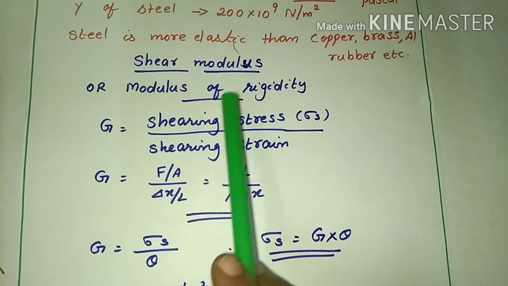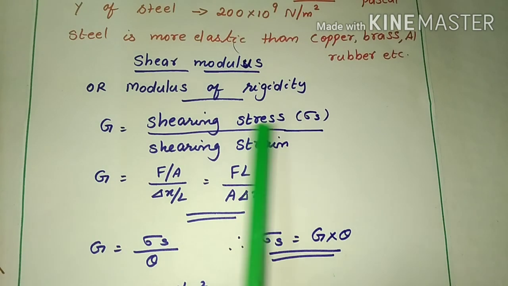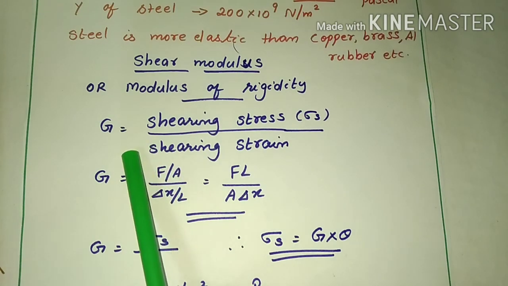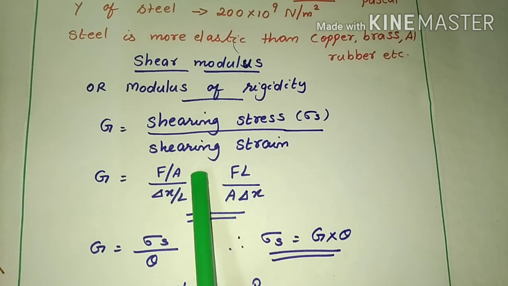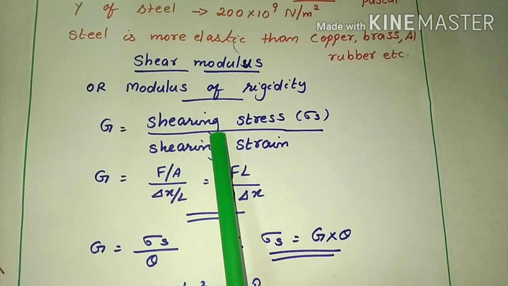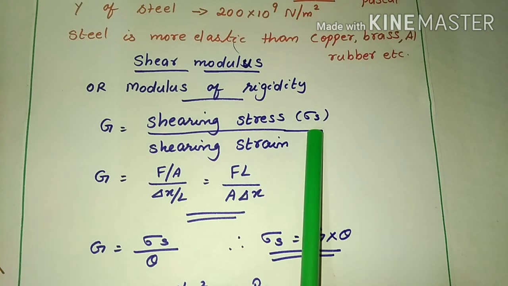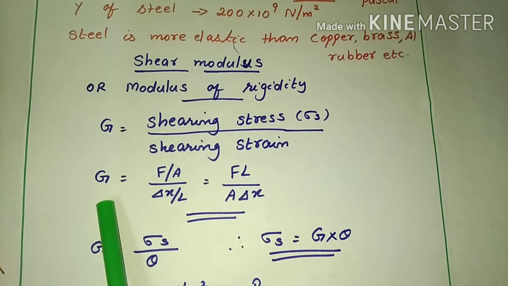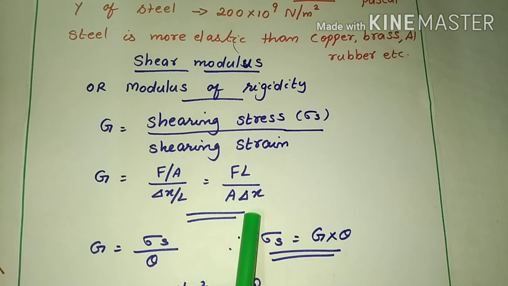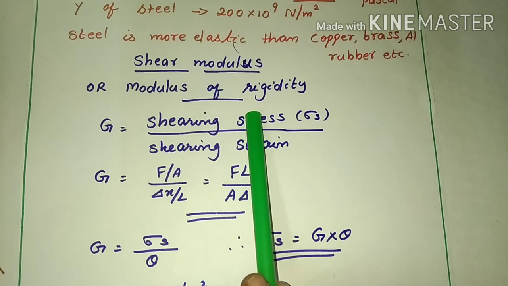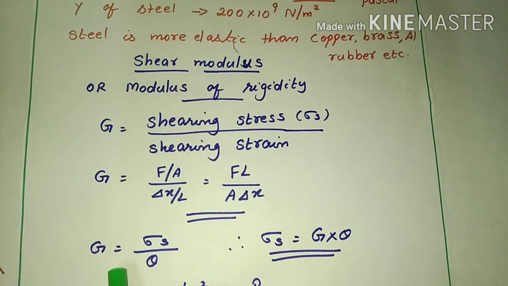Shear modulus or modulus of rigidity. It is represented by G equal to shearing stress by shearing strain. Shearing stress is denoted as sigma S. That is, G equals F by A divided by delta X by L, which gives F L divided by A delta X. This is the mathematical expression of shear modulus or modulus of rigidity.